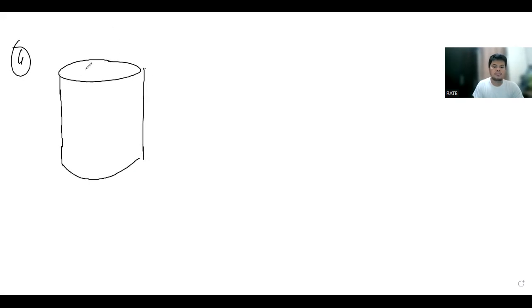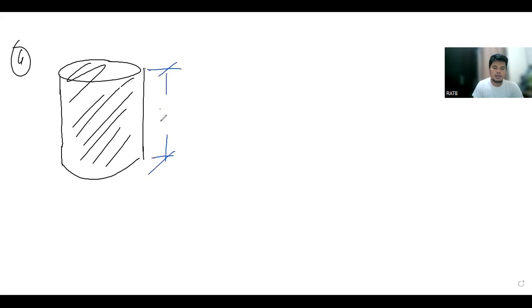This is full of liquid, so water is given. The height as given is 12 meters and the diameter of the tank is said to be 8 meters. So this is full of water, and we are asked to obtain the minimum thickness.